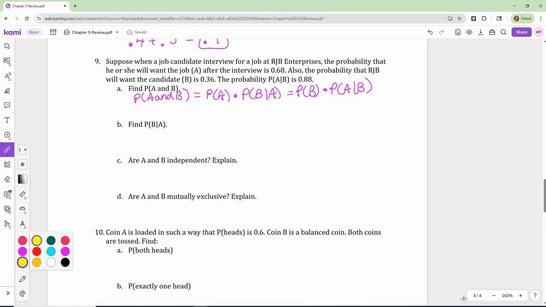Because I have the information about the conditional probability A given B, I need to use this one. So the probability of B was 0.36. Probability of A given B is 0.88. And we get 0.3168.